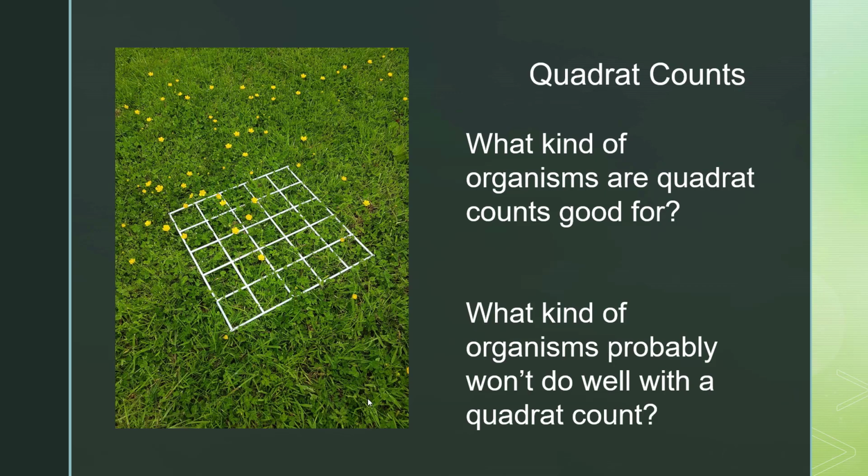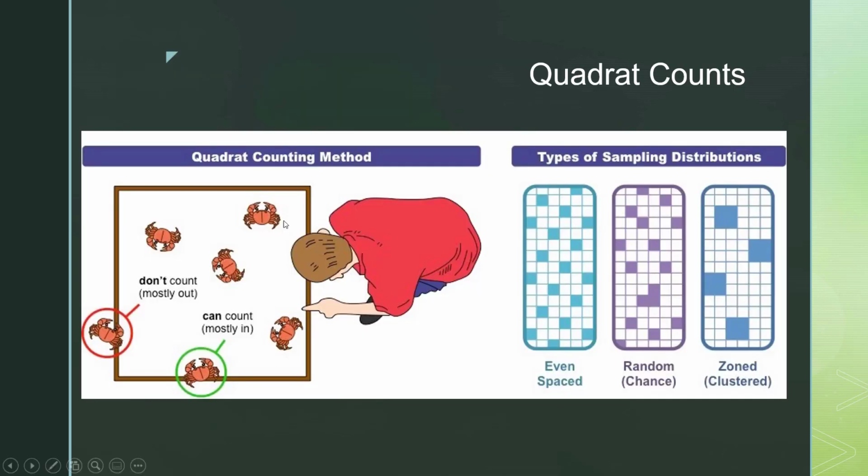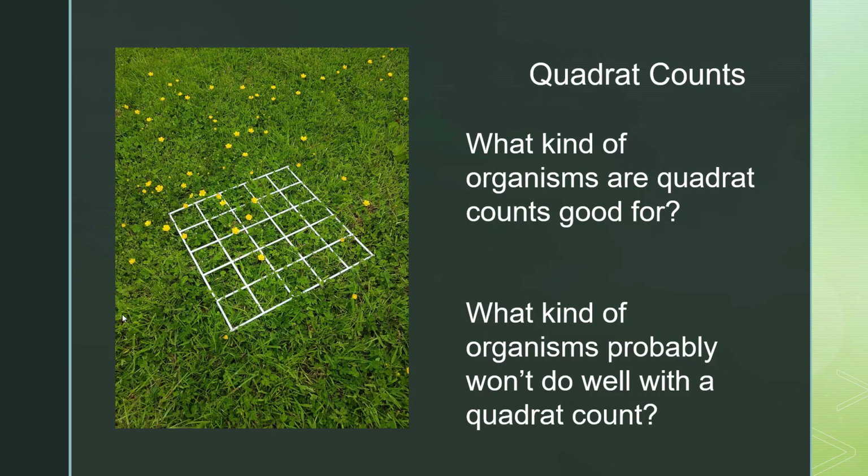So you need to make note in your notebook of what kind of organisms quadrats are good for, and what kind of organisms probably won't do well with a quadrat count. Like, let's look back at this. Think about crabs. Think about what they do, especially when humans come near. You know how they scatter? Probably quadrats are not going to be the best way to count these guys.